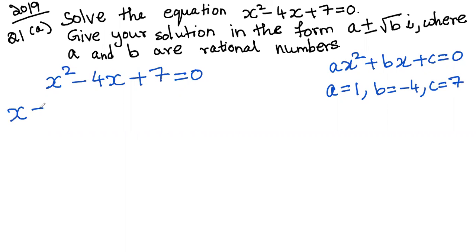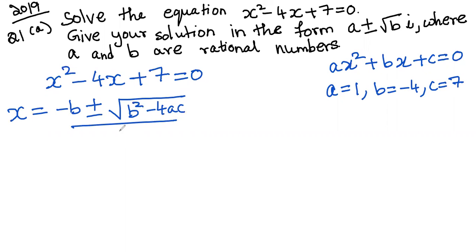And we know the quadratic equation can be solved by using this formula: minus b plus or minus square root of b squared minus 4ac, over 2a. So now I'll just plug in all those values that I've listed over here.